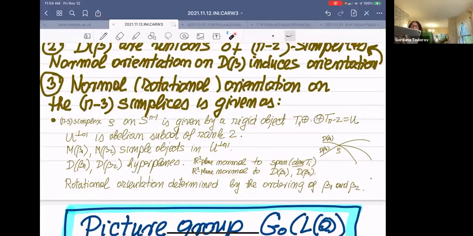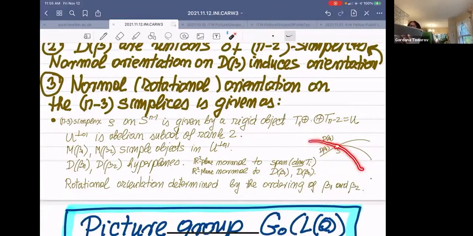Okay, so an N minus three simplex corresponds to N minus two summands, which are rigid. That gives us two Hom orthogonal modules, and they correspond to rho. So beta 1 will give us one domain of D beta, and beta 2 will give us another one.